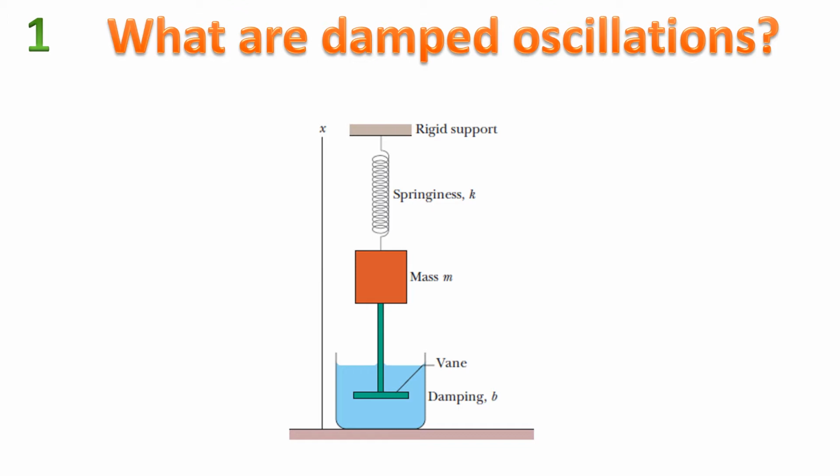In the last video, we rolled this mass m on the ice cube which was attached to this spring, and the spring was attached to a rigid support. Now this spring has some constant we are going to call K, and now this is connected to a piston kind of thing, and this is dipped into a container containing some fluid, liquid, say water or some oil or so on.